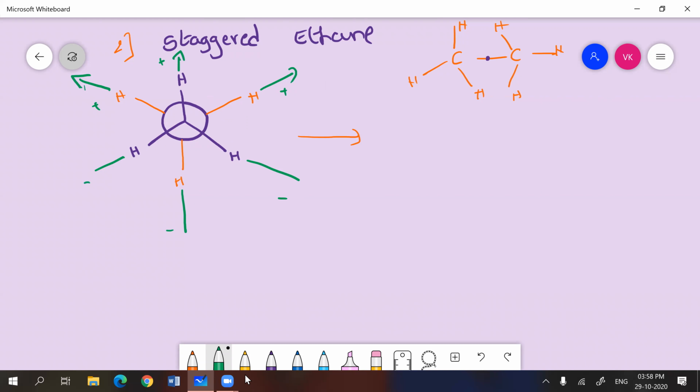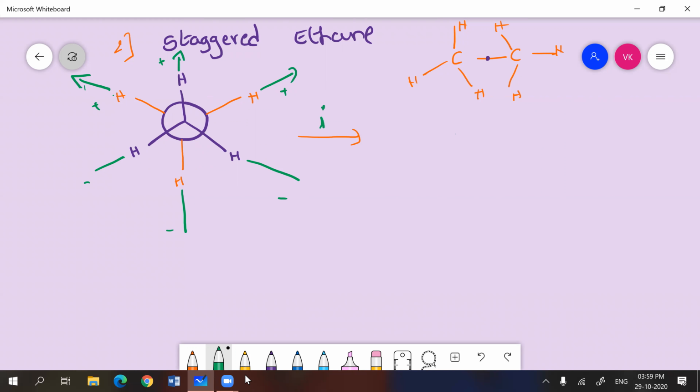Always, the molecules which have atoms on plus and minus axes only will have an inversion center. If you observe this molecule, it has hydrogens on plus and minus axes. Now let us invert this molecule through the center of gravity. Then what happens?